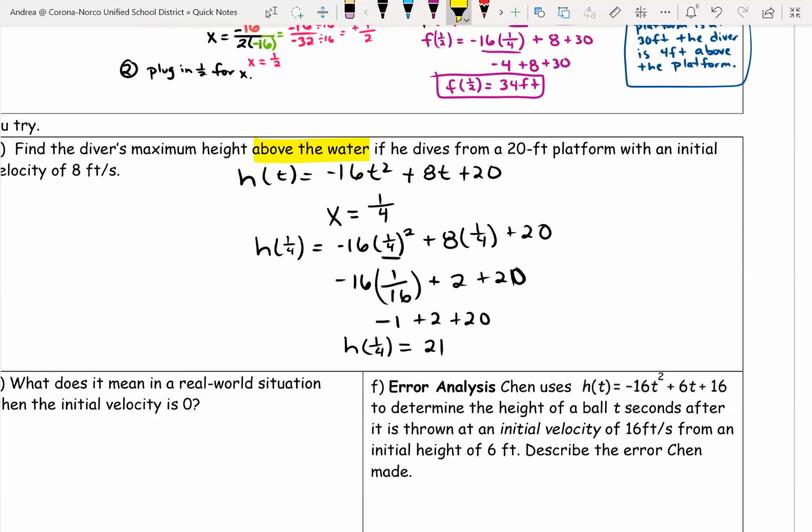So how many feet above the water am I? 21 feet, right? So I'm 21 feet above the water. Any questions over that?